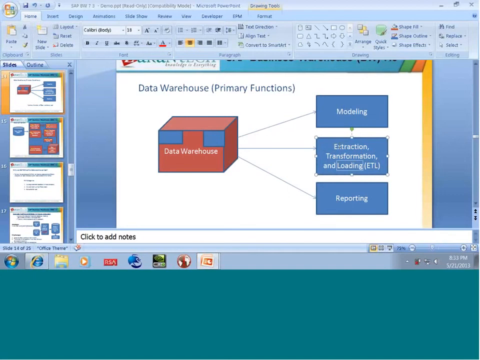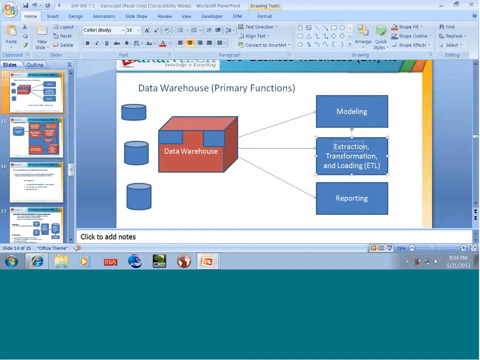As the name suggests, we have several source systems sitting on this side. Let's take the example. Let's say I have several source tables sitting here across the globe. I have already done my modeling part, which is designing what are all the tables required for bringing in the source system.